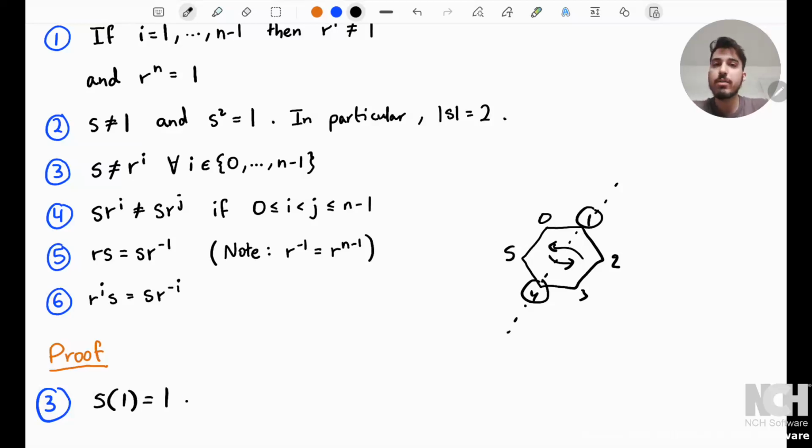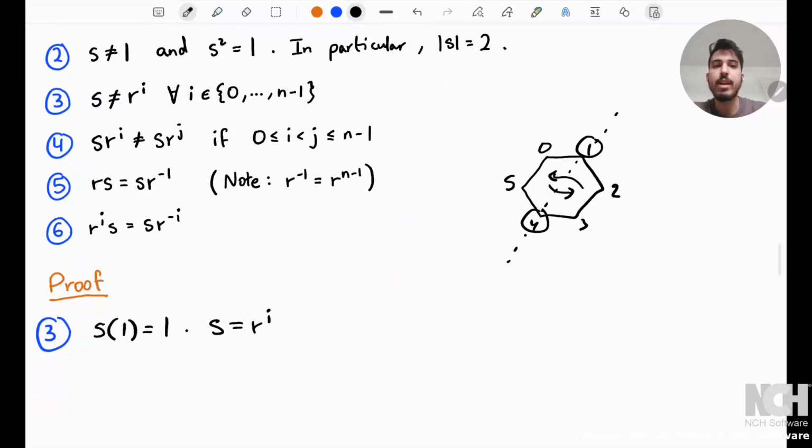Let's suppose by contradiction, so we will suppose something that is the opposite of what the proposition tells us, and then we will arrive at a conclusion that is absurd, that is not possible. So we will suppose that instead of S is not equal to R to the i, we will say that S is equal to R to the i. So what does that mean?